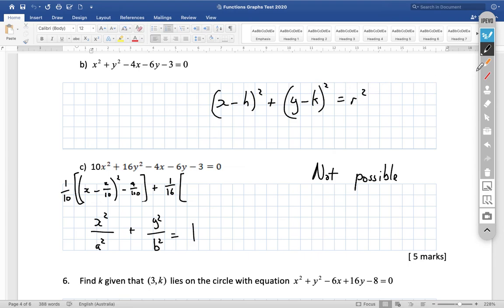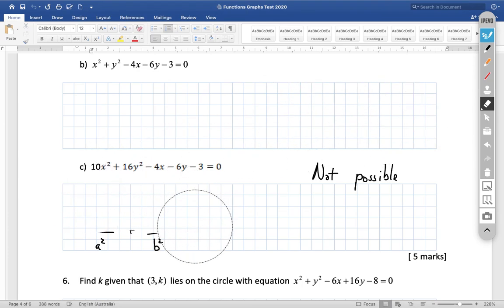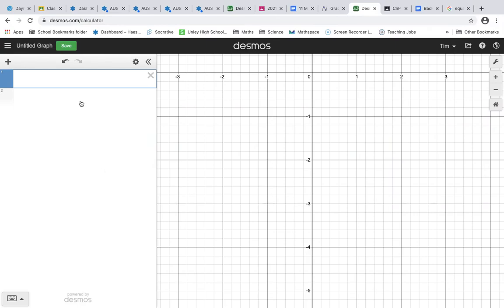If you cannot get 1 and 1 there, it's probably an ellipse. I can remember it. I could type it into Desmos and have a look. Was it 10x squared, 16y squared?